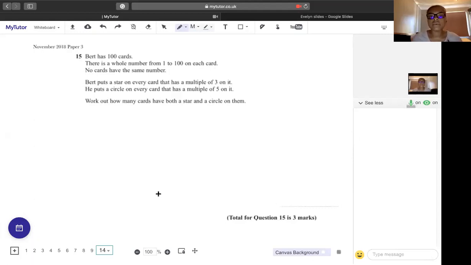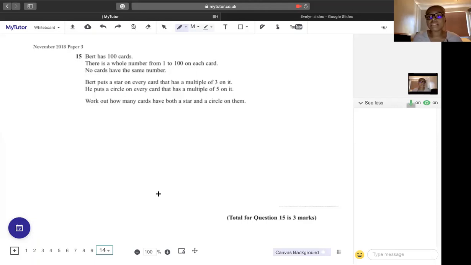For this one, we know that every single multiple of 3 between 1 and 100 has a star on the card, and every card which has a multiple of 5 between 1 and 100 has a circle on it.